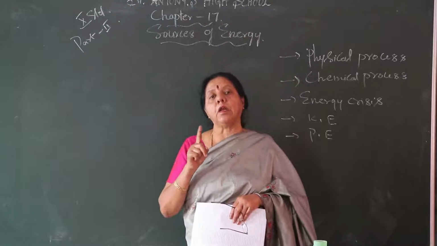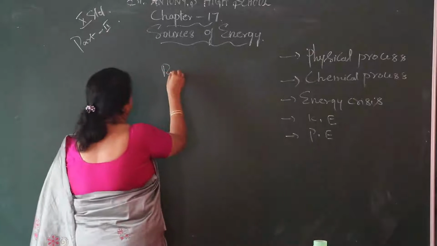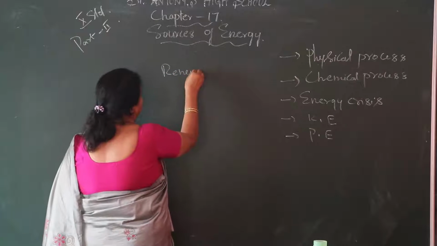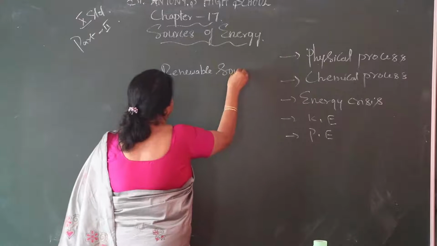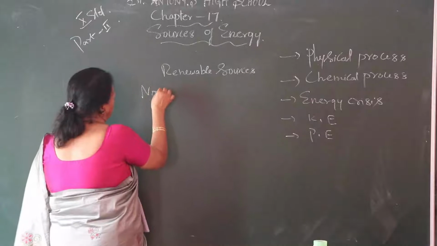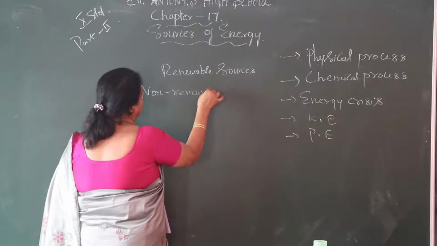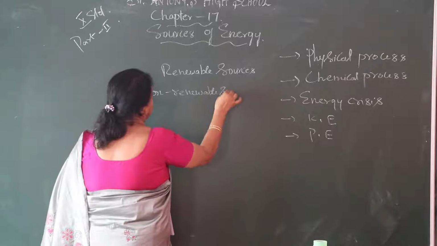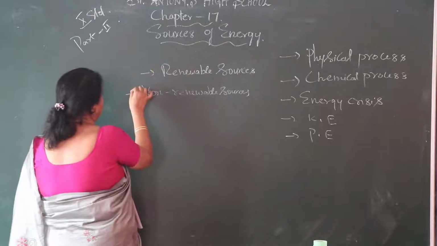One more example: renewable sources and non-renewable sources. What are those, children? Renewable sources and non-renewable sources. Follow, children. See, what do you mean by renewable source and non-renewable?